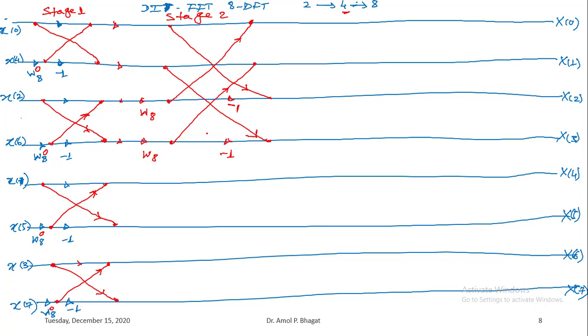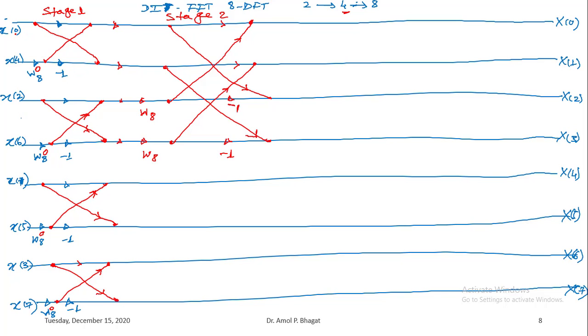In this manner, this second stage will compute a 4 point DFT. As you can see, 4 points are there. If we sequentially write these 4 points, it will be x of 0, x of 1, x of 2, x of 3.